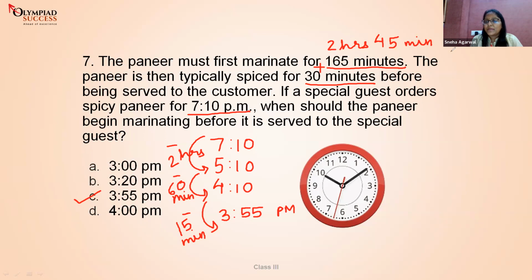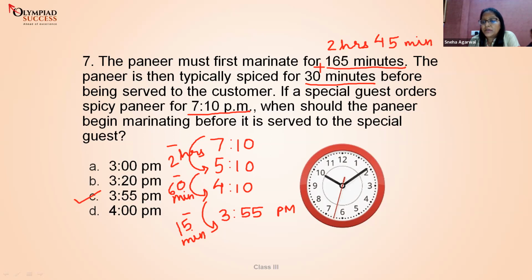Okay. Guys, you can turn on your camera, those who have turned it off. Please, this is the mandatory rule by the Olympiad Success, and even the session is being recorded. So I request everyone to please turn on your camera. Javik and Anvi, here we have your camera off.